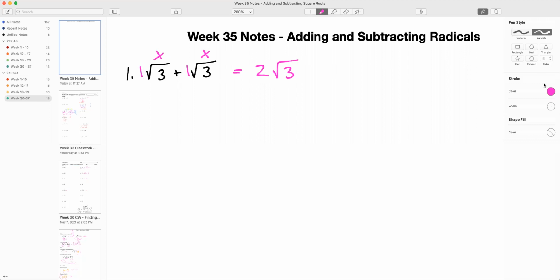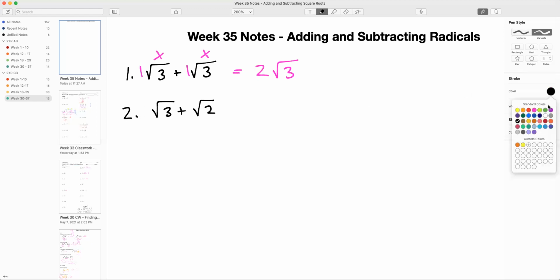Let's try another example. So let's say we had root 3 plus root 2. Well, okay. We have to find another variable. Let's say that root 3 is an x, okay? And let's say that root 2 is y.